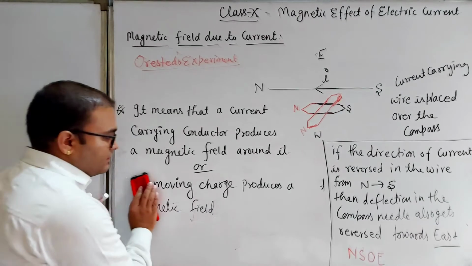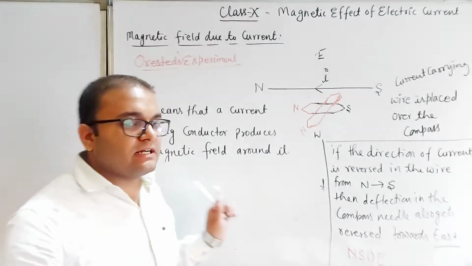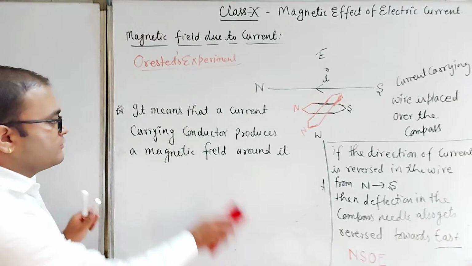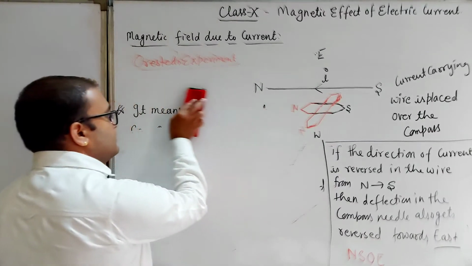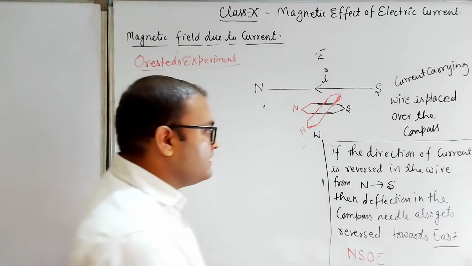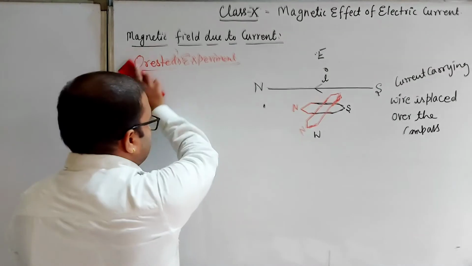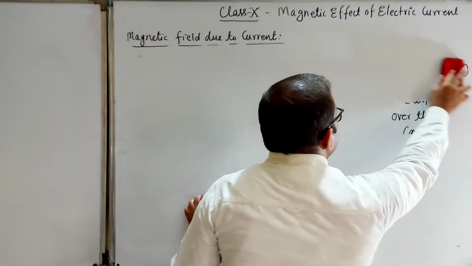It means that if the charge is at rest, then it cannot produce any magnetic field. When charge is in its rest position, it produces only and only the electric field. Okay, so this is about the magnetic field.